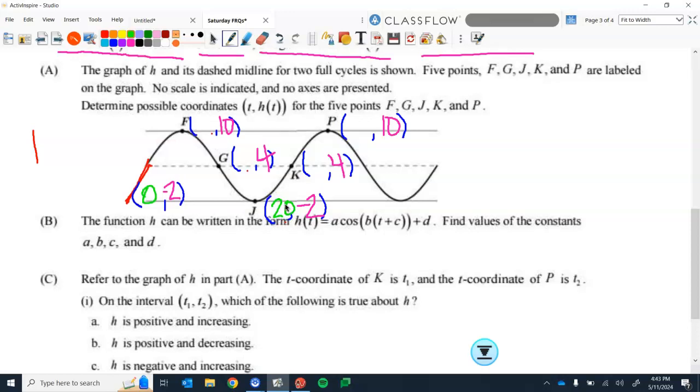So for my x values, halfway between 0 and 20 is 10. Halfway between 10 and 20, 10 plus 20 is 30, divide by 2, I get 15. And if I got this one, this would be 5. So 0, 5, 10, 15, 20, so this would be 25, and this would be 30.